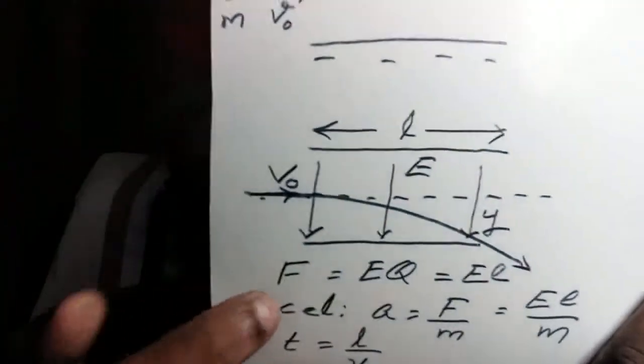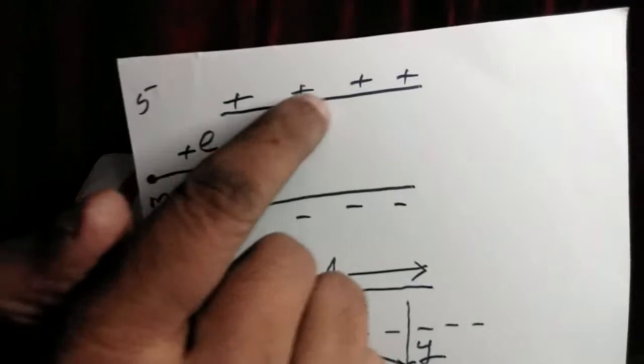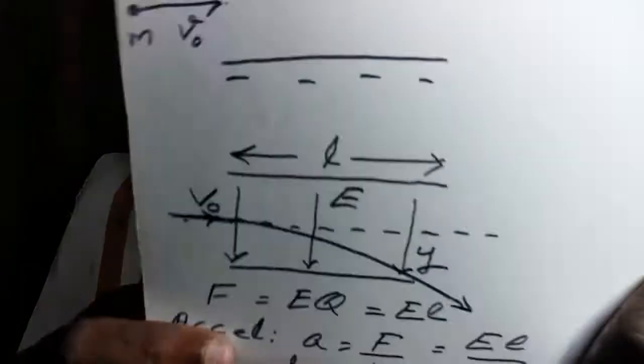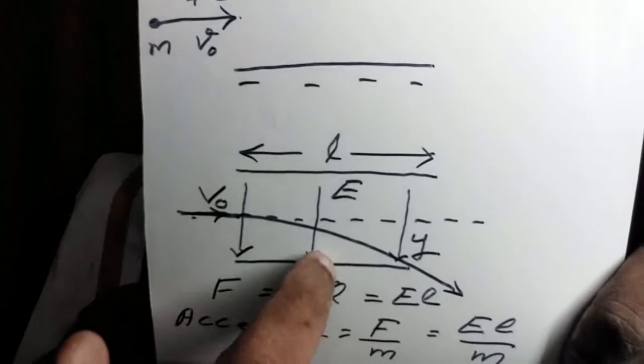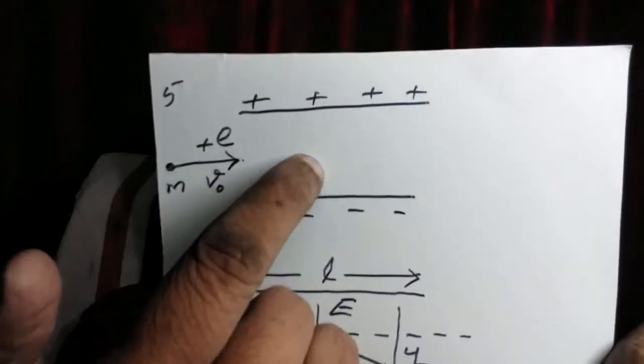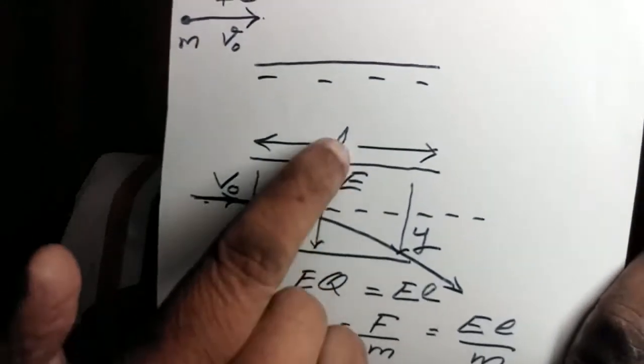See, the electric field in between these two plates will be uniform. Let it be E, and that is directed from the positive charged plate to the negatively charged plate.